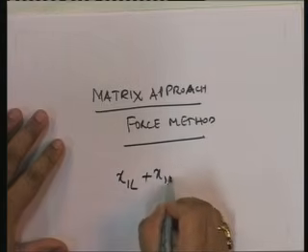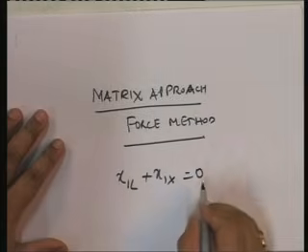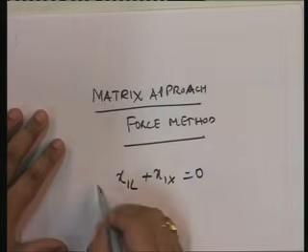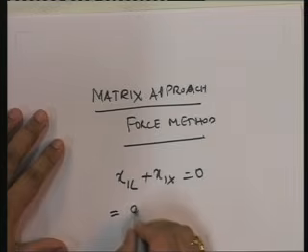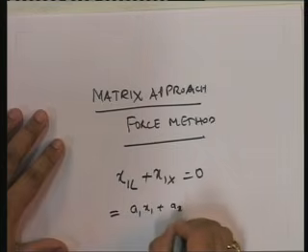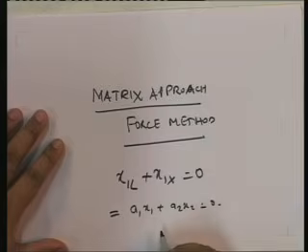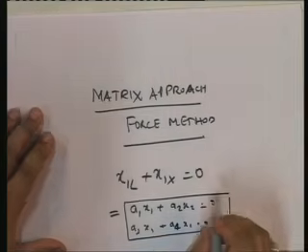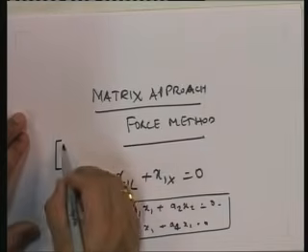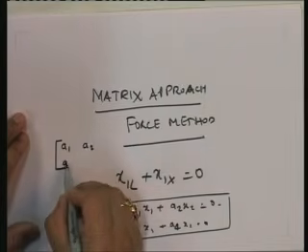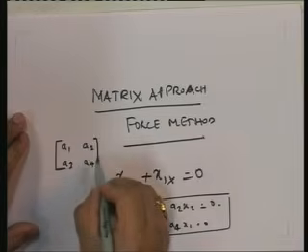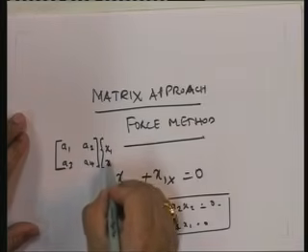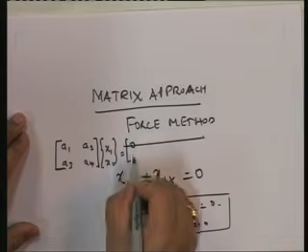x1l plus x1x is equal to 0. If you really look at this, it would be like a1 x1 plus a2 x2 equal to 0, and then you can put a3 x1 plus a4 x2 equal to 0. This can be written in terms of a matrix as a1, a2, a3, a4 into x1, x2 is equal to 0, 0.